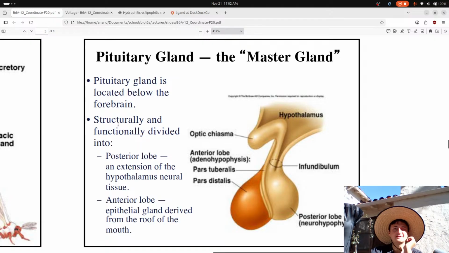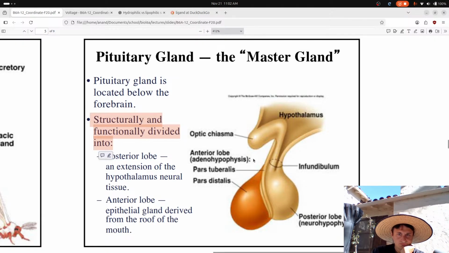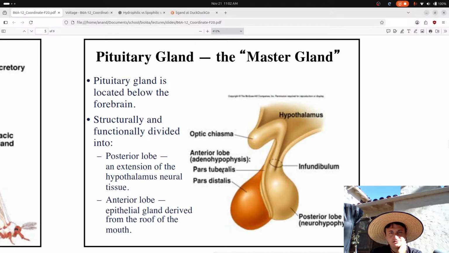All right, pituitary gland, the master gland. Oh, we're getting into a lot of this Latin. This all looks Latin. Adenohypophysis.